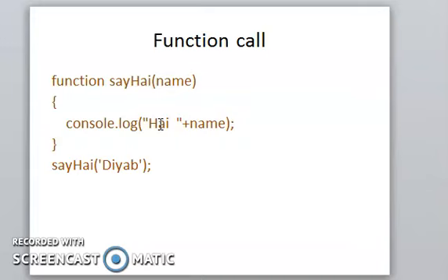This is what a function call is. The function passes Dia as the parameter to your function, and that function displays it, so that I get hi Dia on my window. This is how we normally call a function.